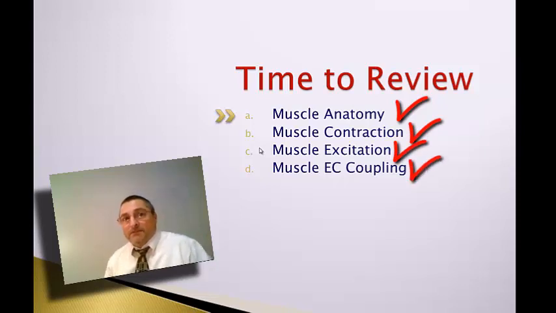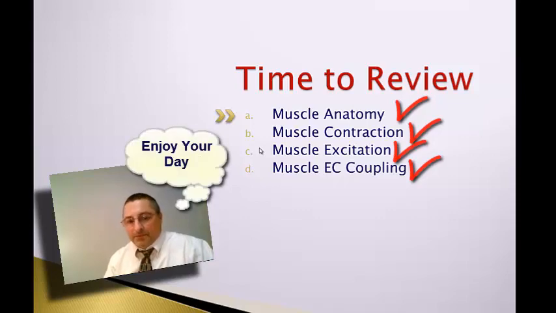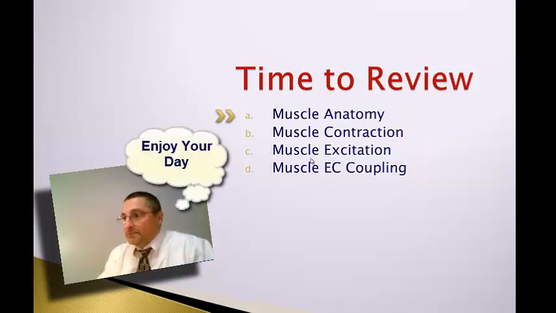And when you start looking at the coupling, don't forget that the coupling event is when we discussed the triad, because we had the excitation, we had the contraction components, but where does the rubber meet the road? The rubber meets the road when the excitation can trigger the release of calcium that can then trigger the contraction reaction. So remember, something as simple as calcium ions are the trigger associated with a muscle contraction being capable.